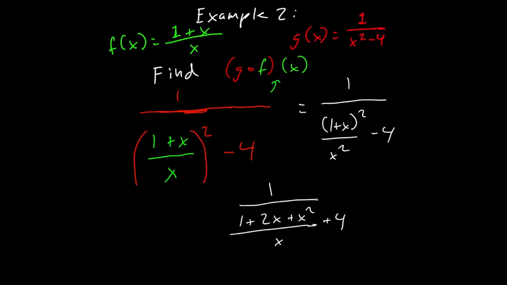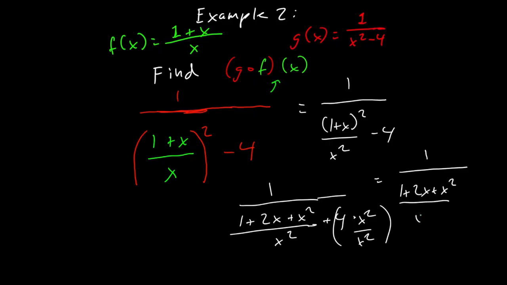And now we can make this into an over x squared, so we multiply 4x times x squared over x squared, so we get 1, which equals 1 over 1 plus 2x plus x squared over x squared minus, sorry, this is a minus 4x squared over x squared.